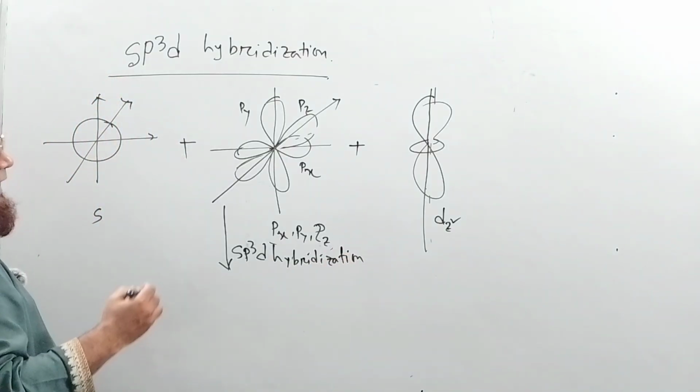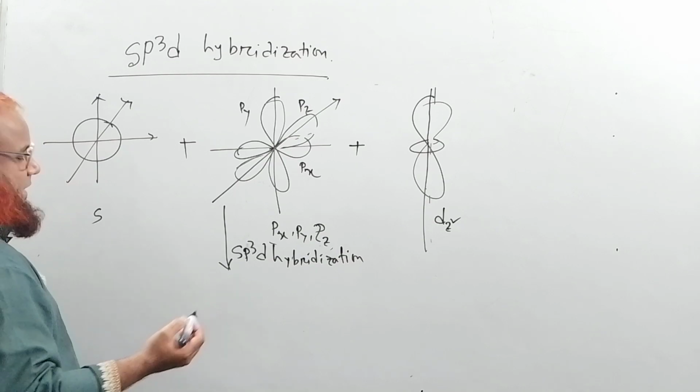Now they will produce 5 sp3d hybrid orbitals.